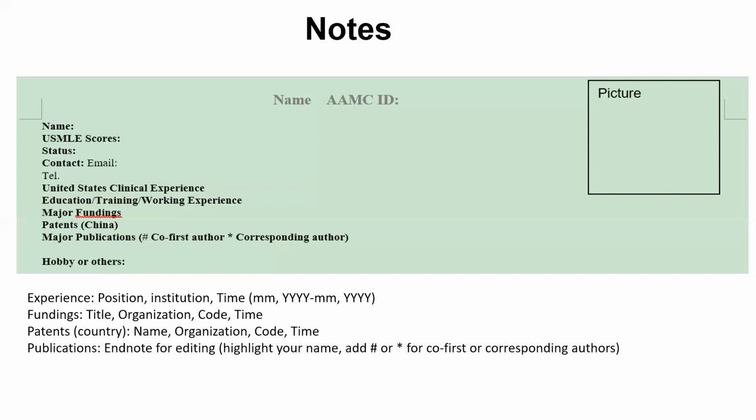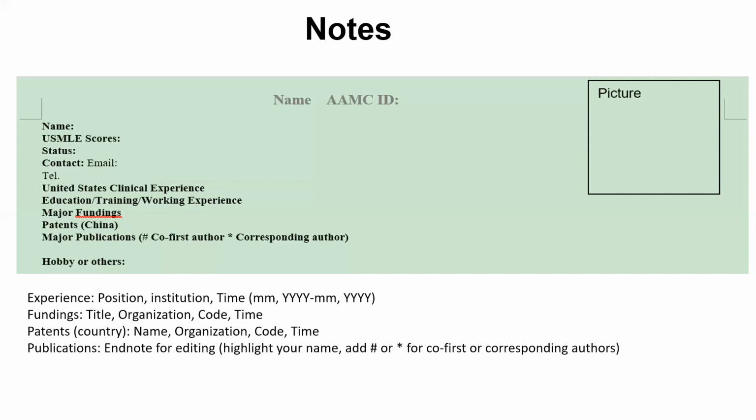in the end. It's better to use EndNote for editing. It's much easier for you to add a publication instead of typing it by hand, since it's very easy to make mistakes if you type the words. That's why I strongly recommend using software like EndNote.